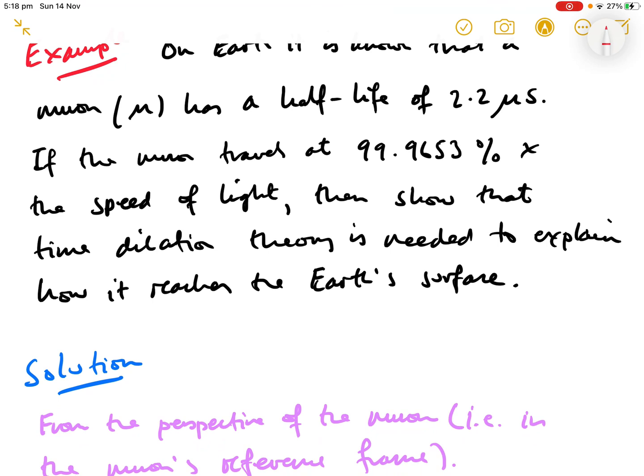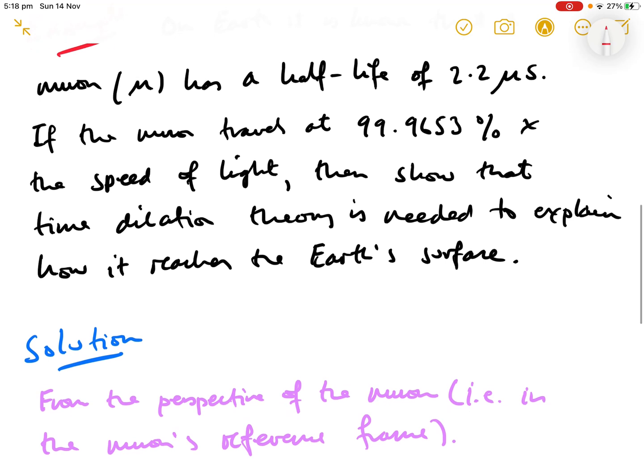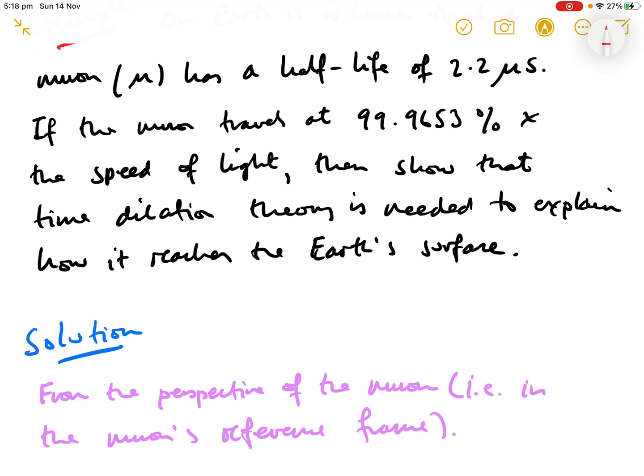Okay. So we're basically going to do a speed, distance, time calculation in our solution from the perspective of the muon. We're going to imagine the muon is like a little spaceship and that we are a miniaturized astronaut traveling inside the muon.